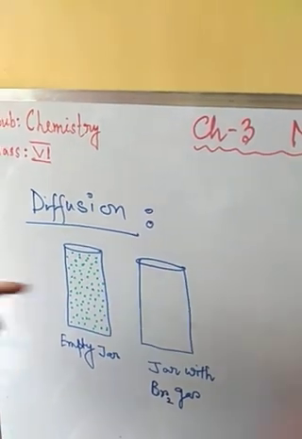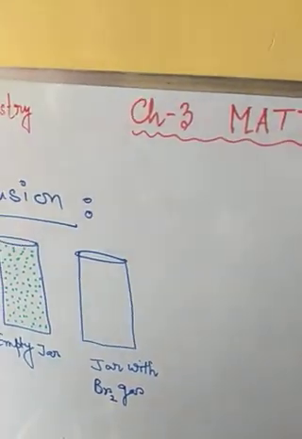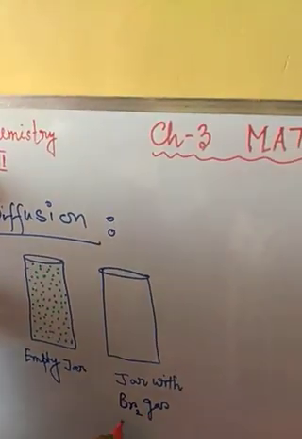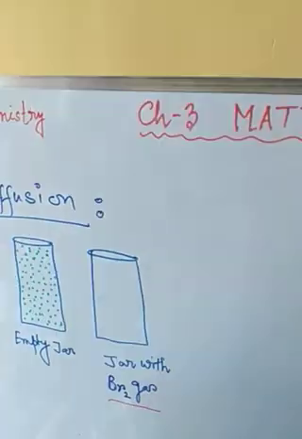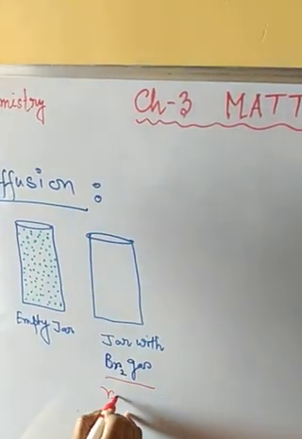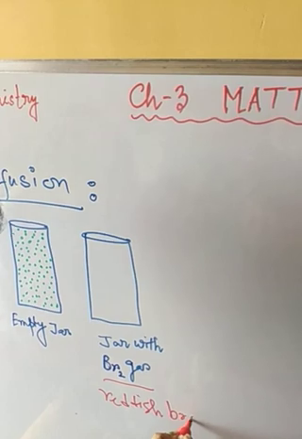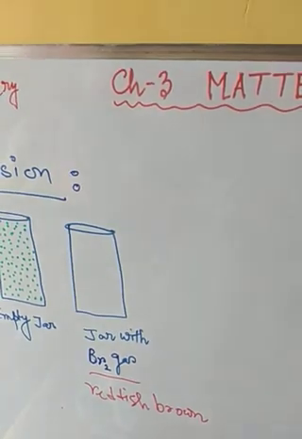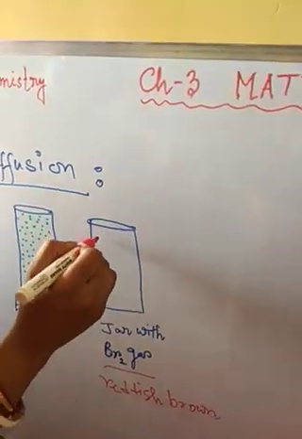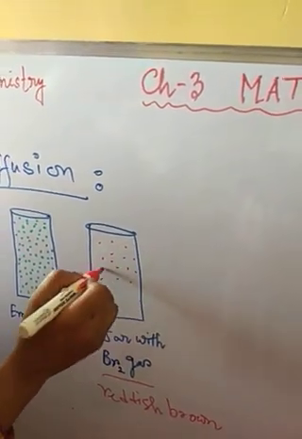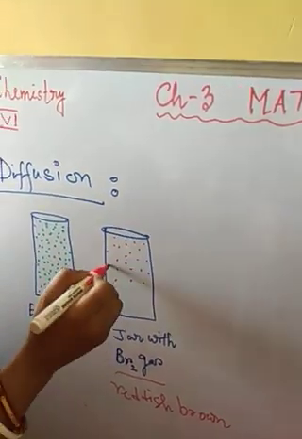Air particles are there. Now the second gas jar which we have taken is filled with a colored gas, that is bromine gas. Bromine gas has a reddish brown color. So if we take bromine gas in this gas jar, it will be seen as a reddish color.